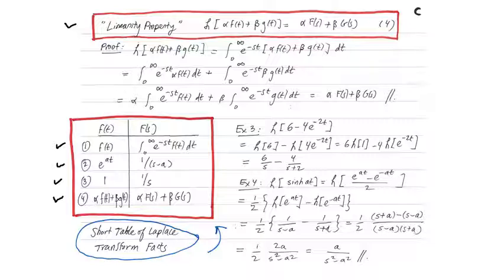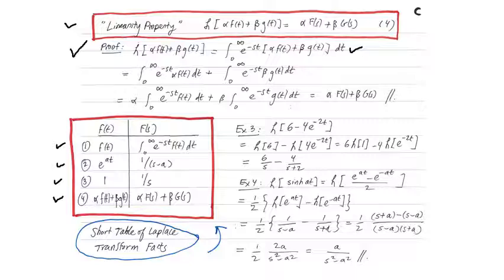We're going to go ahead and look at the proof of the linearity property here. And just like all the other examples that we've looked at so far, all we need to do is take our function, whatever we're trying to find the Laplace transform of, and plug it into the definition of Laplace transform. So that's what's happening here.